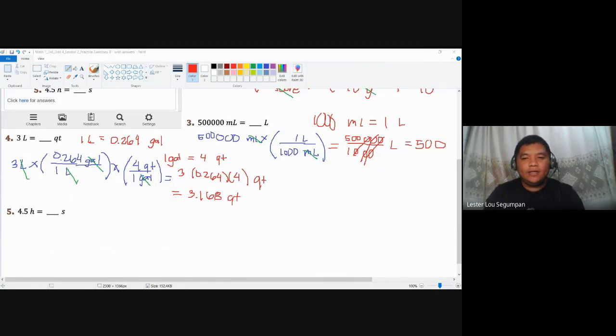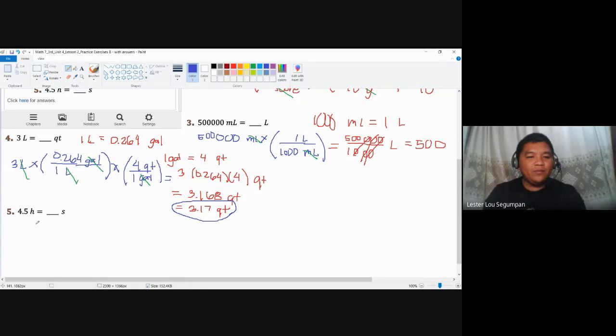Let's round it off into 2 decimal places as agreed. Again, we did not round off the conversion factor, but rather we round off the result. This is approximately equal to 3.17 quarts. That's for number 4.